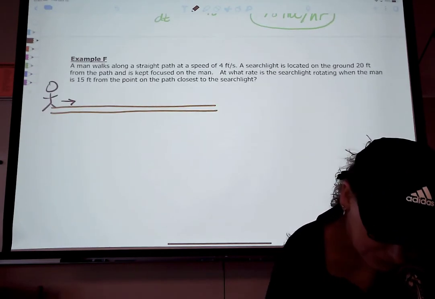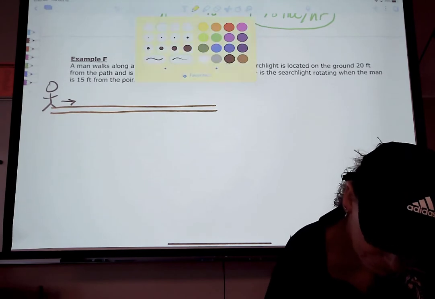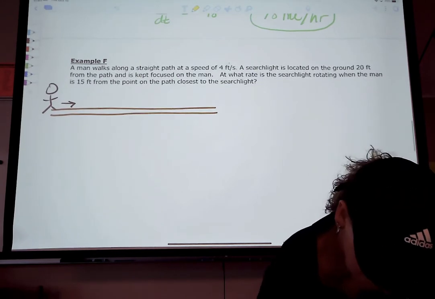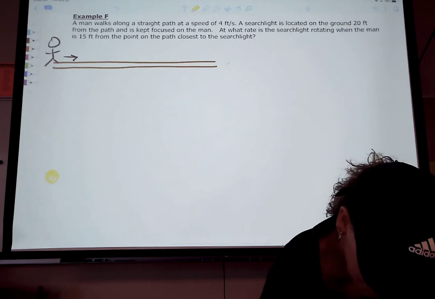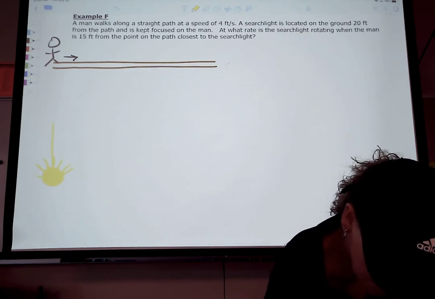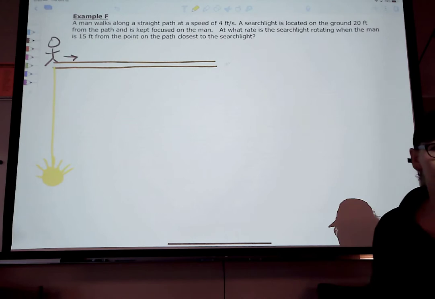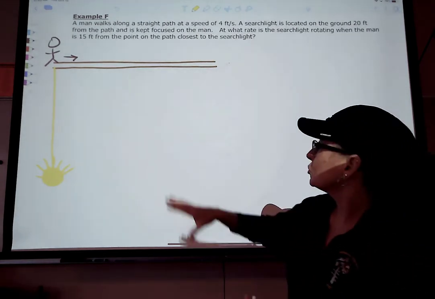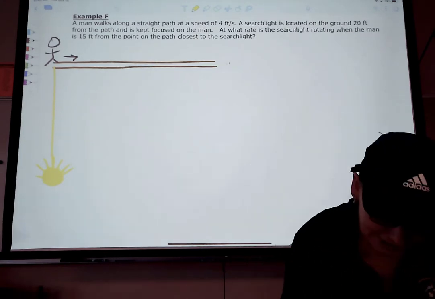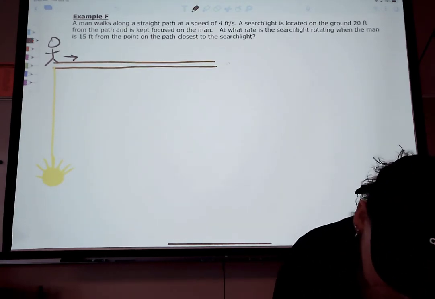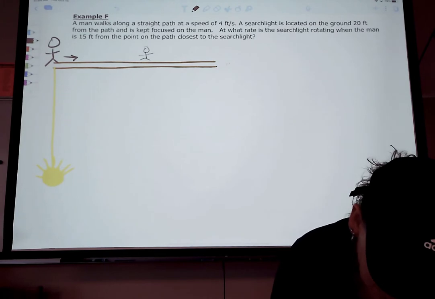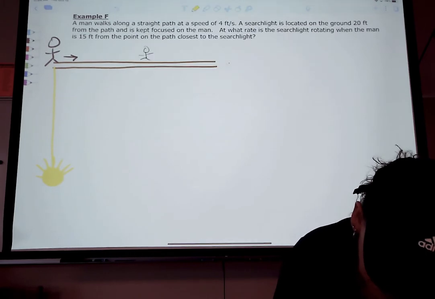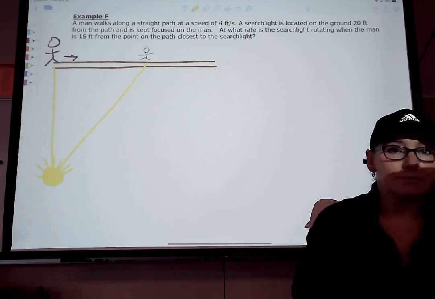And there's a light focused on him. As the man walks toward our right, the light's going to follow him, so that when he gets here, the light would be like this, right?